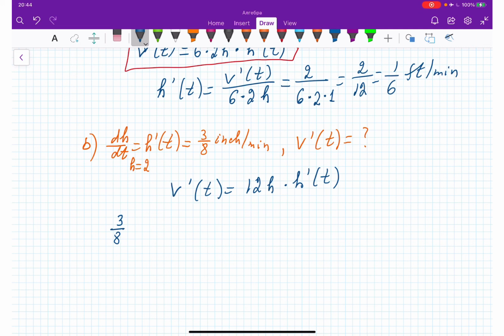3/8 inch per minute is equal to 3/8 inch per minute times 1 foot over 12 inches, because 1 foot is 12 inches, right?